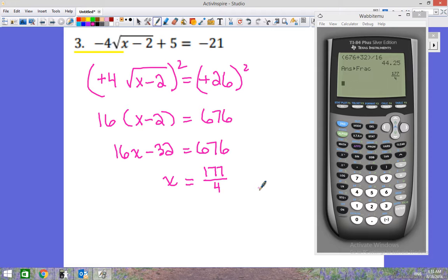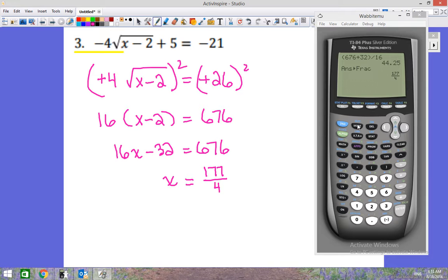And later on in mathematics, it seems common that they just kind of abandon that idea without any explanation, that oftentimes you will see answers in the back of textbooks or teachers or professors just leaving things as improper fractions. I could have left it as 44 and 1/4 or 44.25.